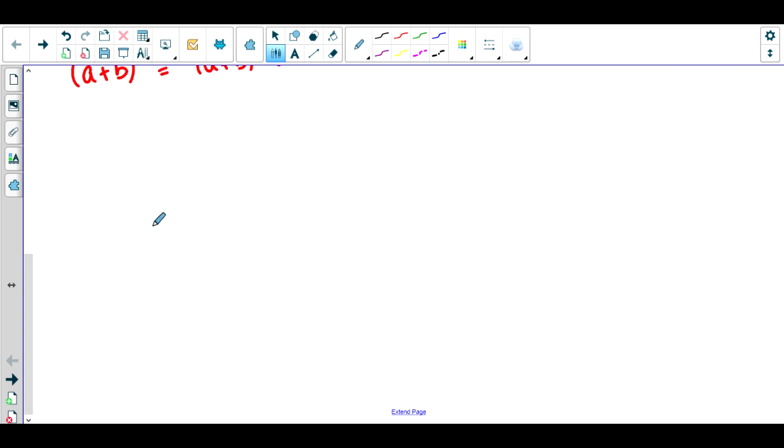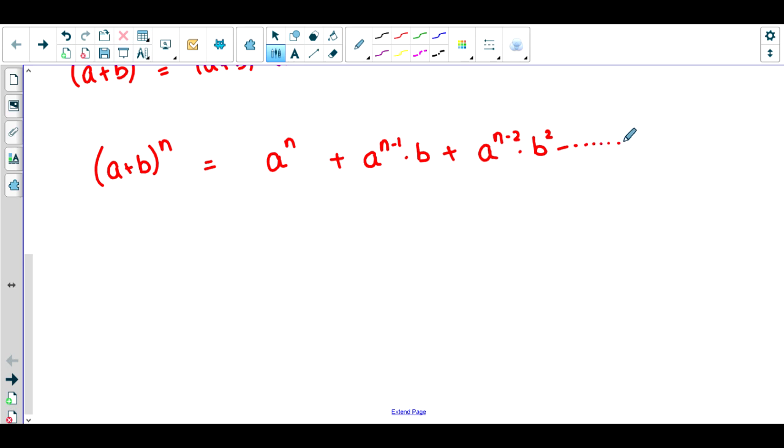If I do the expansion, it starts from a to the n, b to the 0, then decrease 1 power of a and increase 1 power of b, so it will be a to the n minus 1 into b, plus a to the n minus 2 into b squared, and so on, and the last term will be b to the n. But the problem is how we get the coefficients. How can we solve for the coefficients?